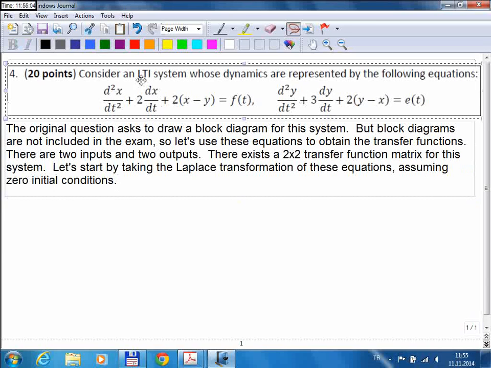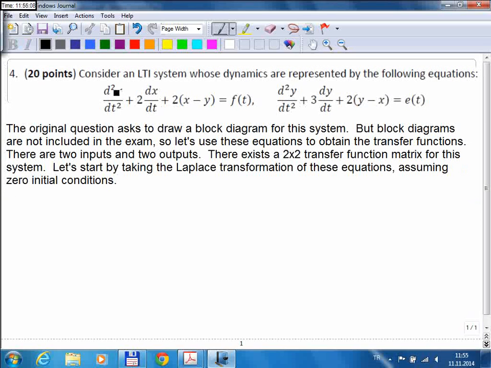Otherwise, while taking the Laplace transformation, you should include the initial condition terms. For example, the Laplace transformation of that is s squared X minus something like that, right? But these terms are not used here since we assume that they're all equal to 0. So the transformation of this gives s squared X plus 2sX plus 2X minus Y is equal to the capital F of s.